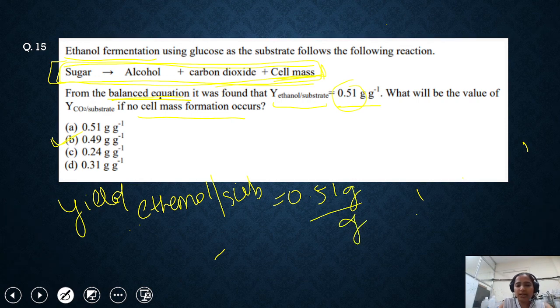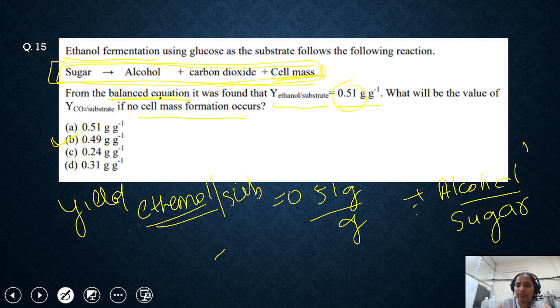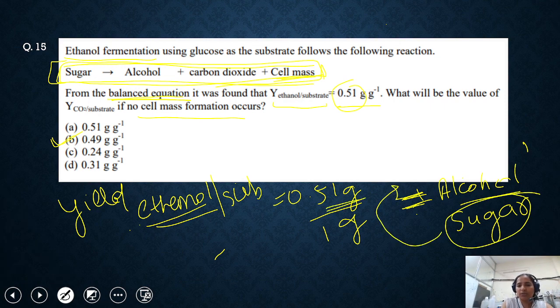Ethanol is the alcohol that is forming, and if you consider the substrate as sugar, then from 1 gram of sugar, 0.51 gram of alcohol is forming. This is the meaning of Y, the yield of ethanol by substrate, 0.51.